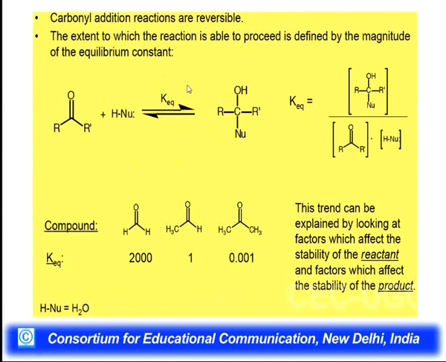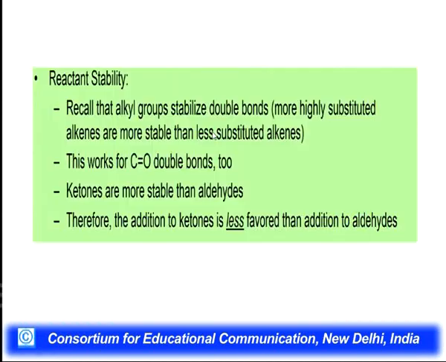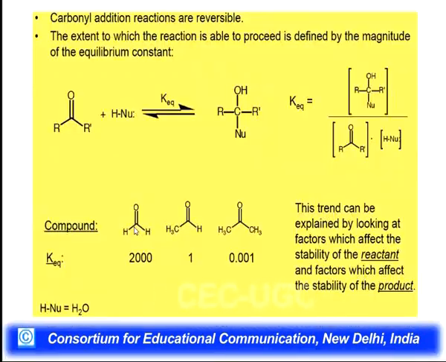If the equilibrium constant is high, then the product will be formed easily, and if it is low, then the product will not be formed easily. If I compare the equilibrium constant of these compounds, formaldehyde is very, very reactive, followed by acetaldehyde and then acetone.